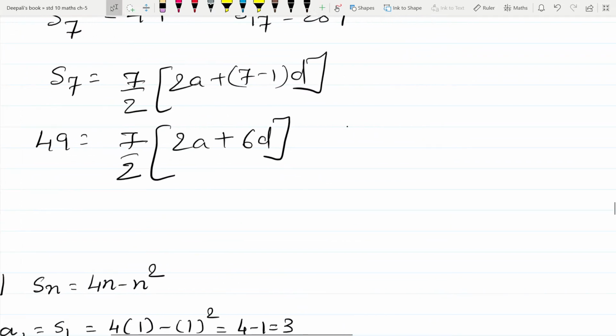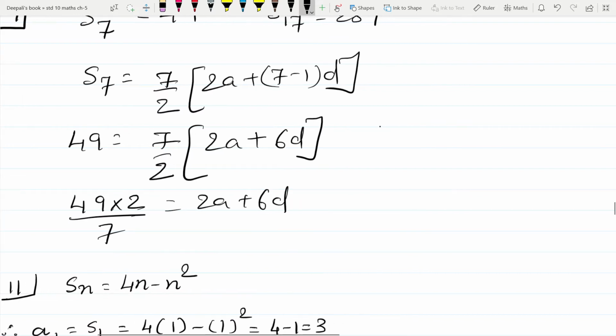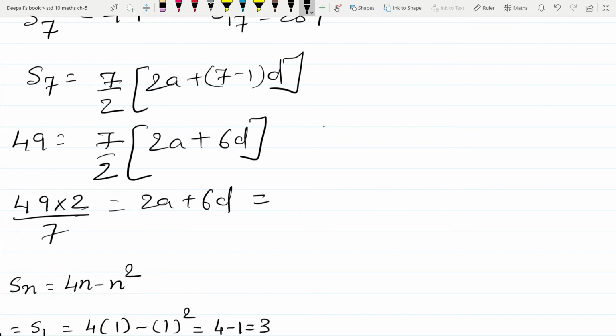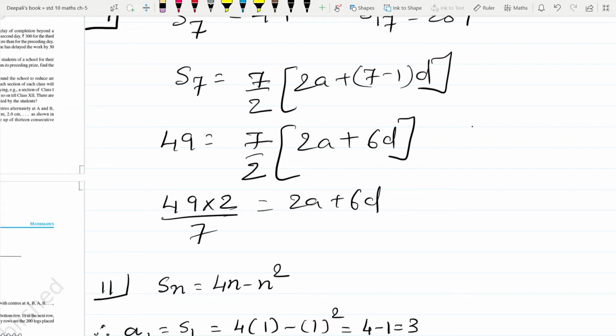So I get 49 into 2 upon 7 is equal to 2a plus 6d, which is equal to 14. So 14 is equal to 2a plus 6d. This is my first equation.